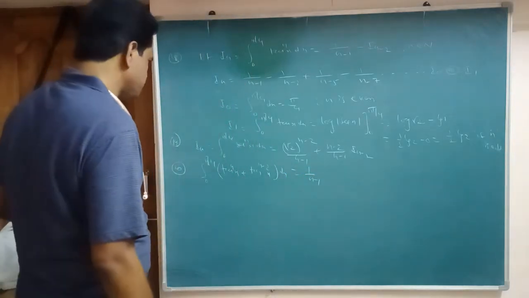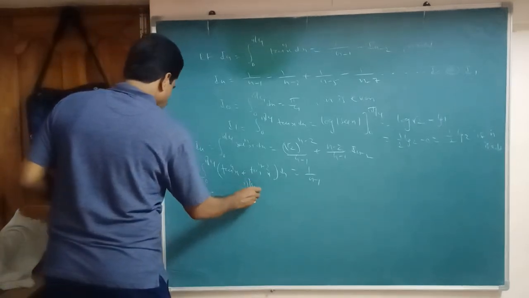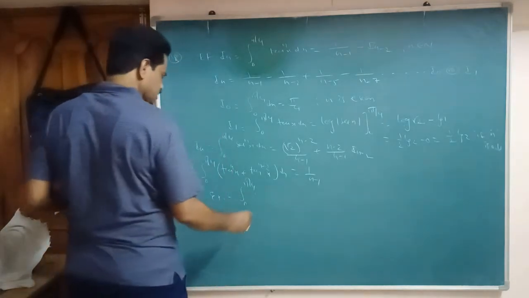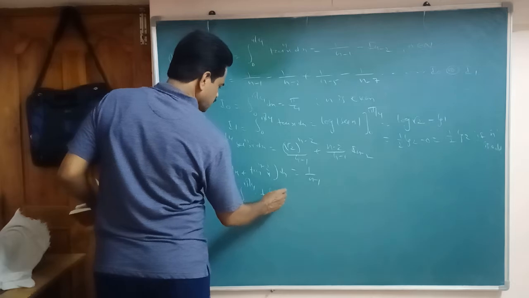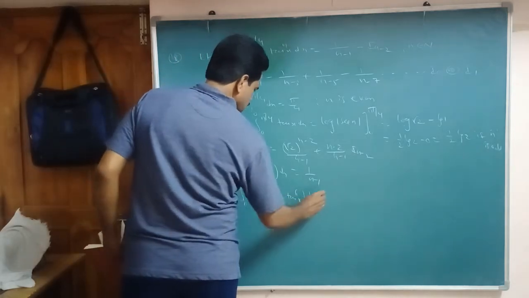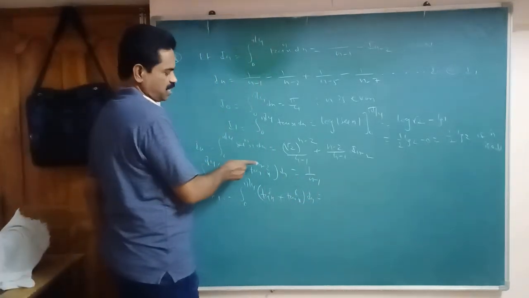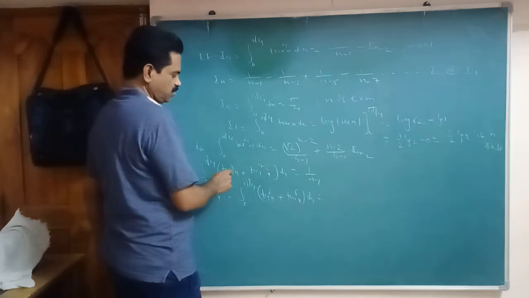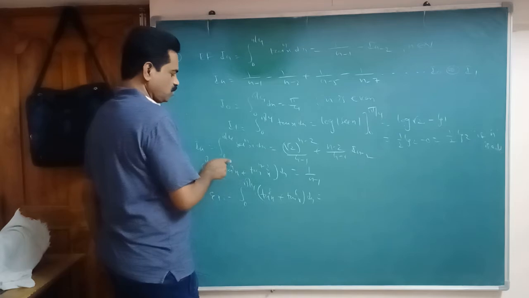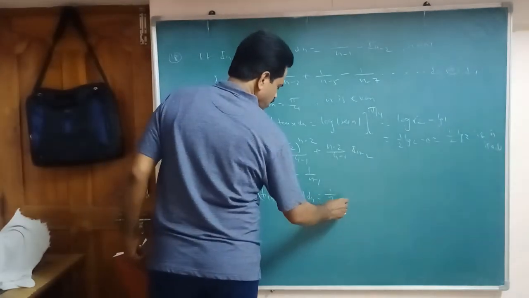For example, integral 0 to pi by 4, take here n equal to 8, tan power 8x plus tan power 6x dx equal to how much using this formula? Substitute here n equal to 8, 8 minus 2 is 6. So n minus 1, what is n minus 1? Between 8 and 6, how much here? 7. So this value we can write here 1 by 7.